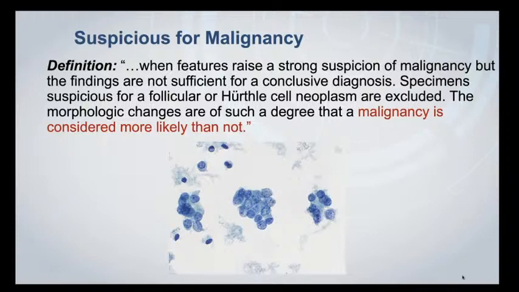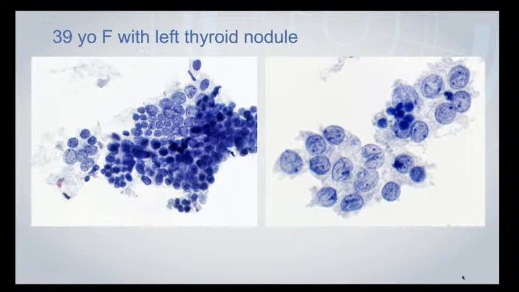There were very few, if any, pseudo-inclusions. So many of the other criteria that we talked about were absent in this particular case. And it's for cases like this that we will often use the suspicious for malignancy category, if only because of NIFTP.